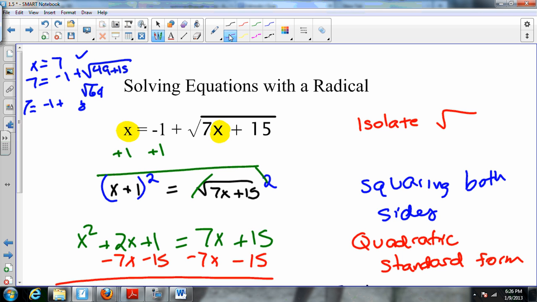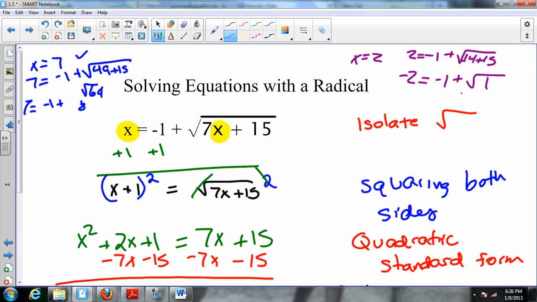Go over to the upper right to check x equals negative 2. So we get negative 2 equals negative 1 plus root negative 14 plus 15. Negative 14 plus 15, that's 1. So negative 2 equals negative 1 plus root 1.